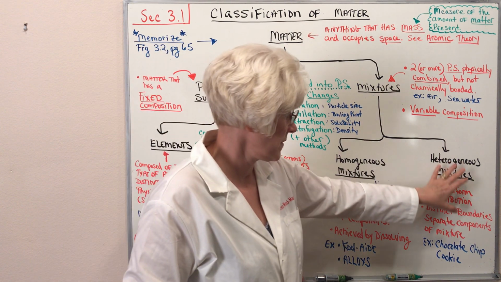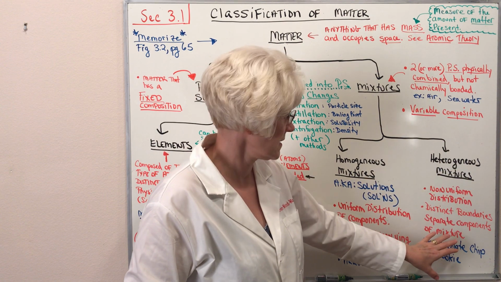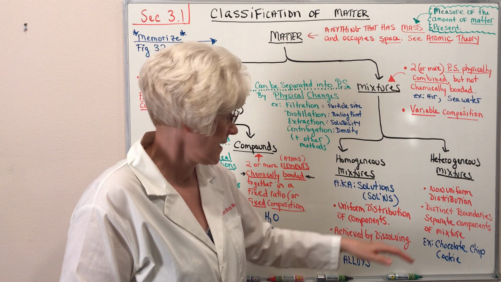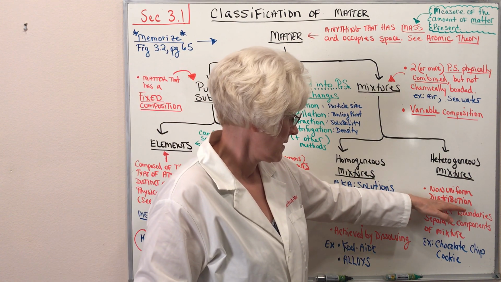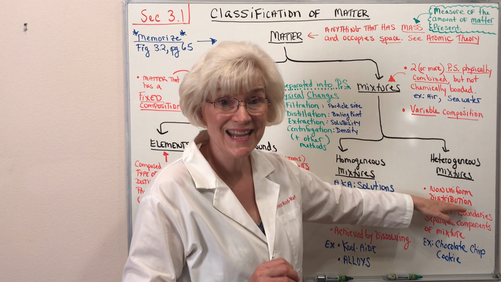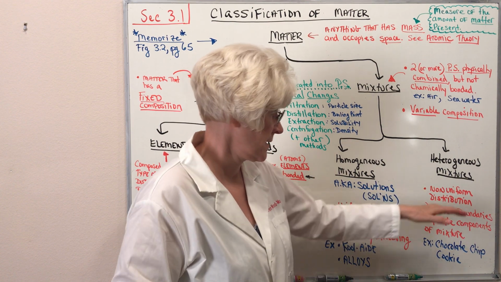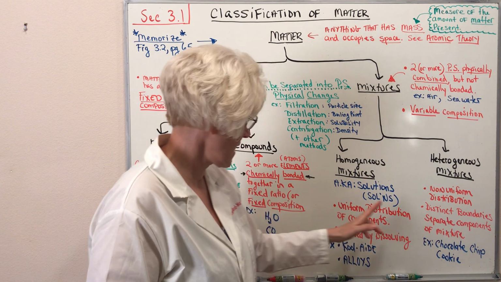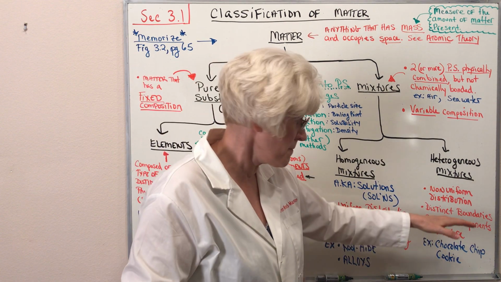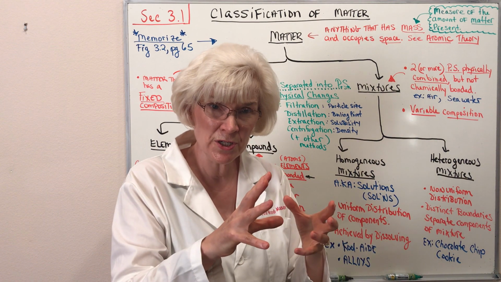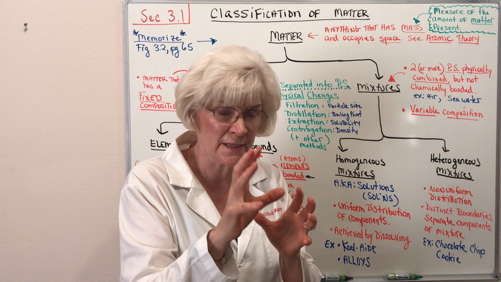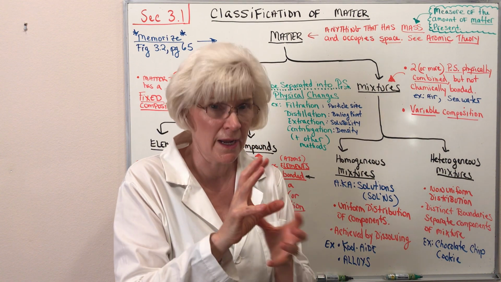The last type of mixture category that I would like to look at with you is a heterogeneous mixture. And the first key descriptor of a heterogeneous mixture is that it has a non-uniform distribution. Unlike homogeneous mixtures, non-uniform means you look at a heterogeneous mixture and see different substances present with boundaries separating them.